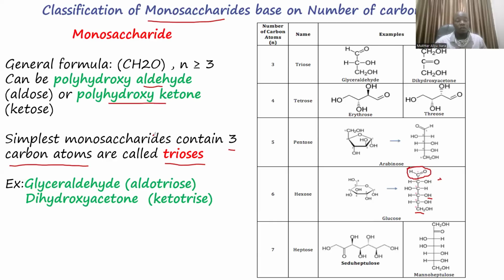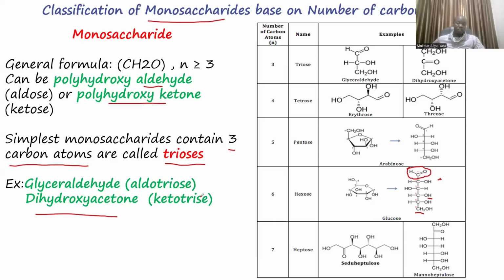Examples of trioses are glyceraldehyde and dihydroxyacetone. Glyceraldehyde is an aldose, which means it is a sugar that has an aldehyde functional group. Then we have dihydroxyacetone, which is a ketotriose.